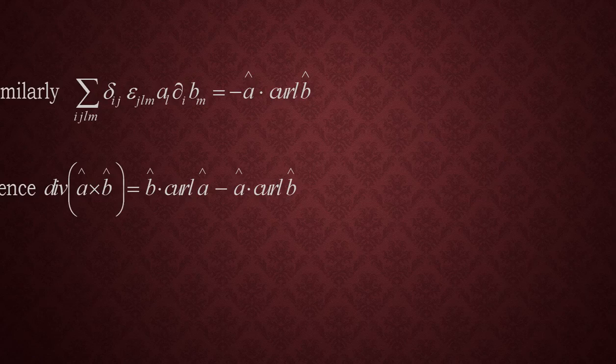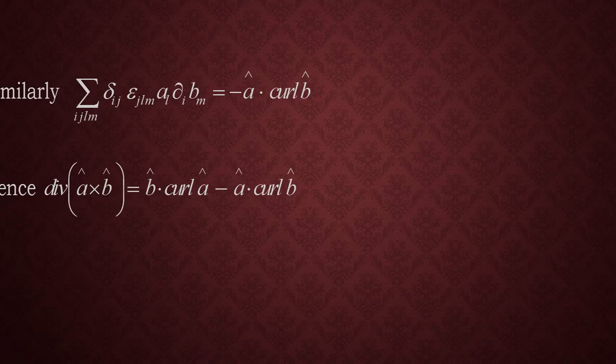So we obtain a minus sign. The proof is similar to the previous part. So we obtain sigma over ijlm, delta ij, epsilon suffix jlm, Al dou i Bm equals minus A cap dot curl B cap.